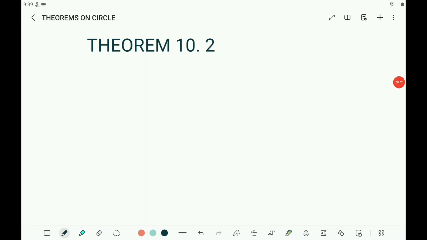Second theorem on the circle, that theorem is theorem 10.2. And what is the statement of that theorem? The lengths of tangents drawn from an external point to a circle are equal. Let us read the statement.